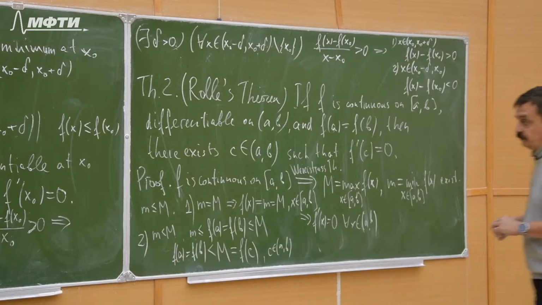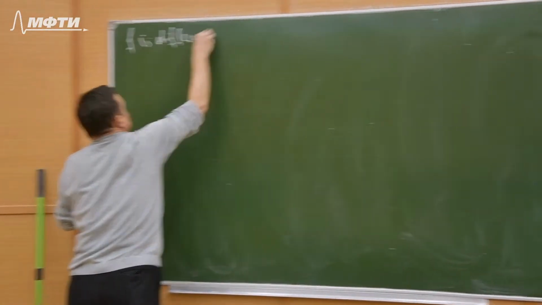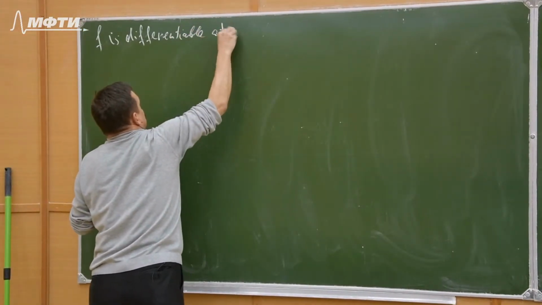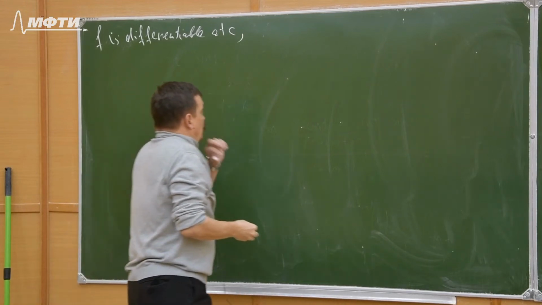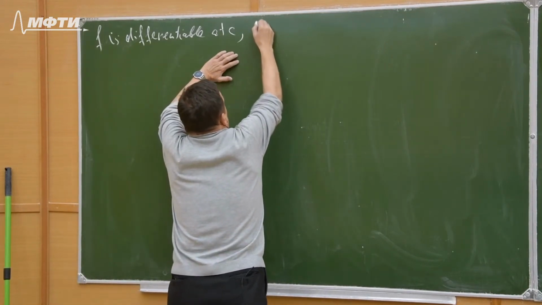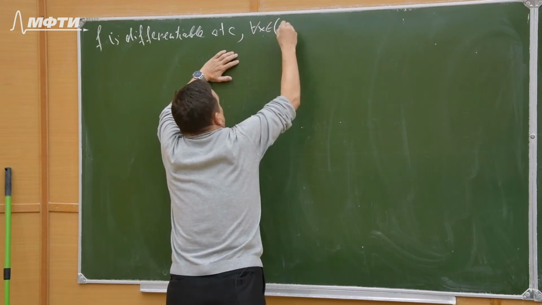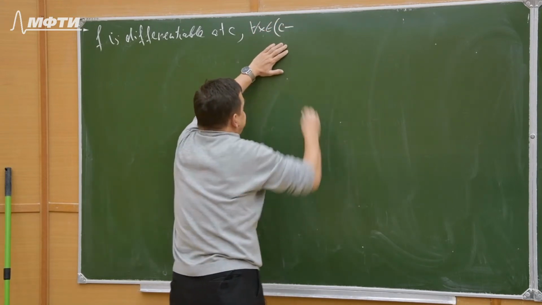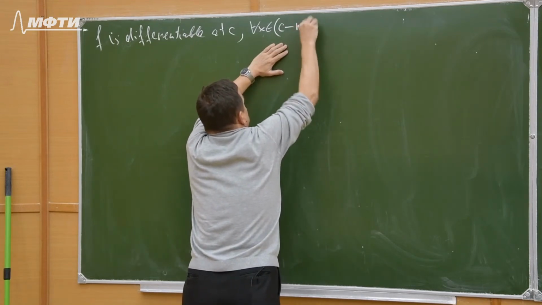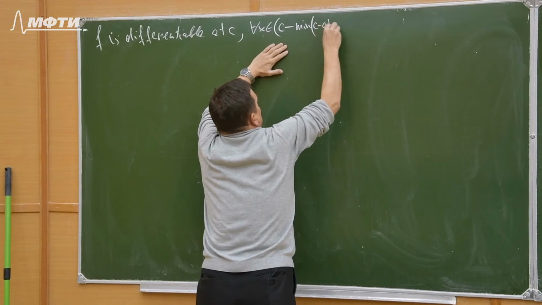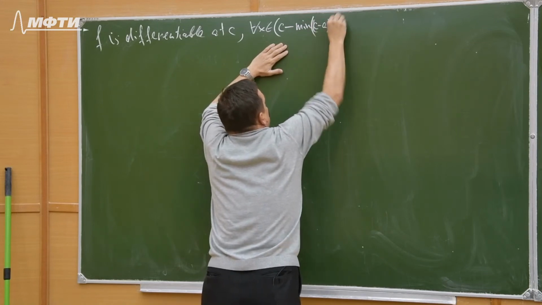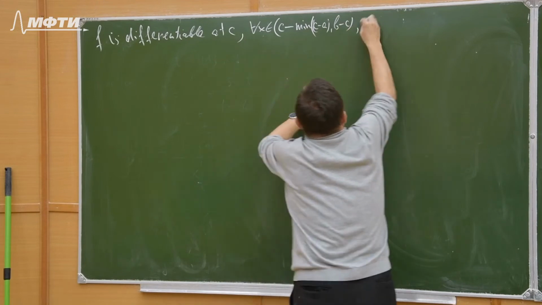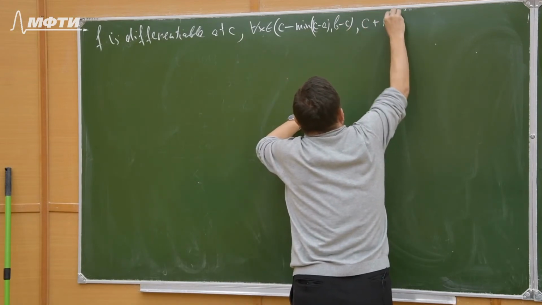Now, f is differentiable at C, right? And if we consider the following interval, for all x in the interval C minus the minimum of C minus A, B minus C, and the same value we add.